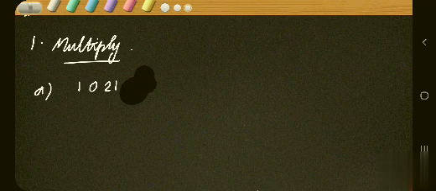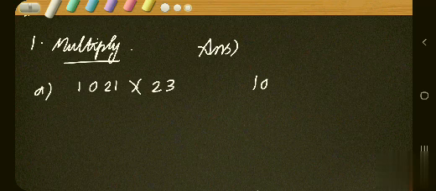Multiply this by this, that is the meaning, or we can also write 1021 into 23. I have no space down, so let me try to do the answer alongside, but you have to write it down. Okay, yes. Answer, let's start doing. 1021.